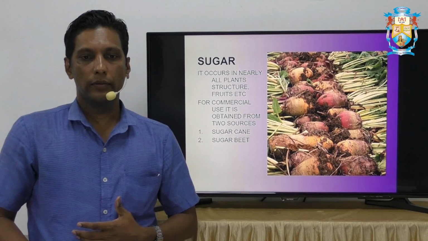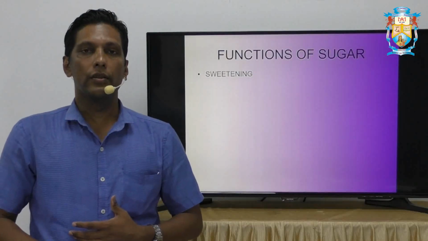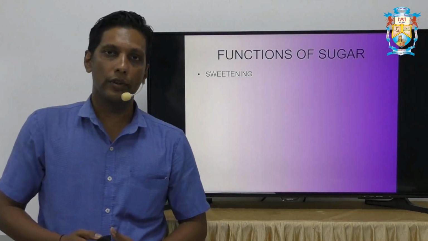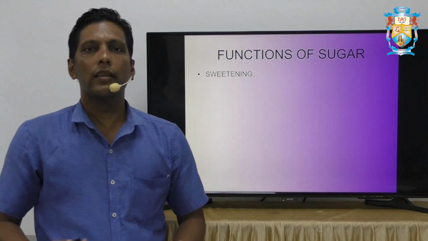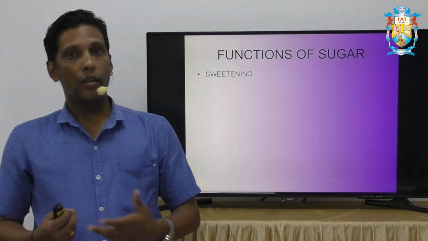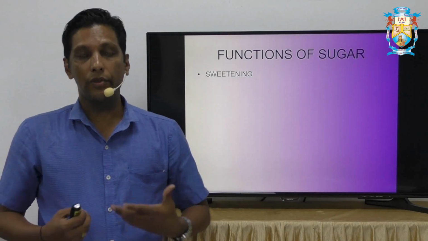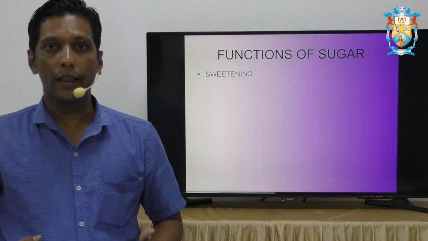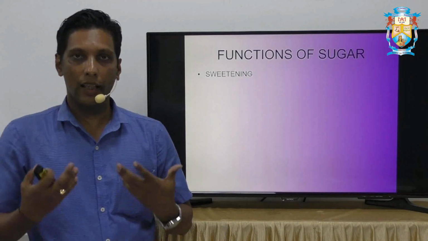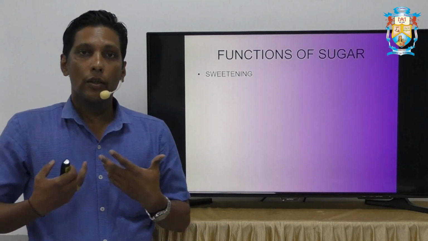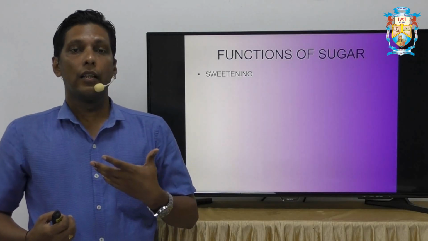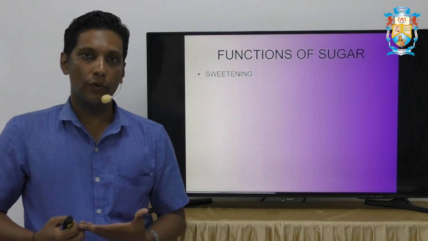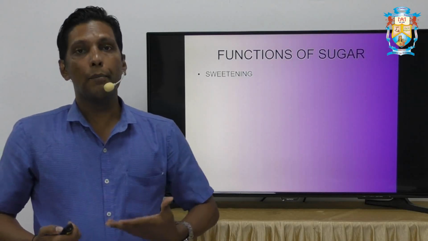The next one, the functions. What are the main functions of sugar? You always say we use sugar commonly to make the dish sweet, but it is not only that. Yes, it is used to make dishes sweet, to make desserts, of course the sweetest dishes. But there are functions of sugar which make certain dishes very useful, very important.